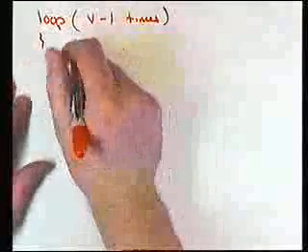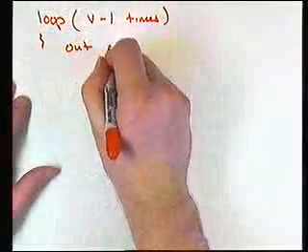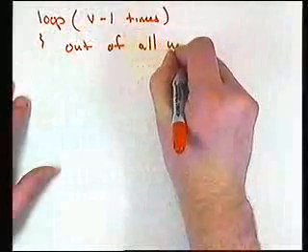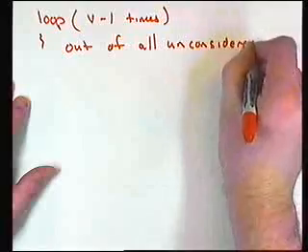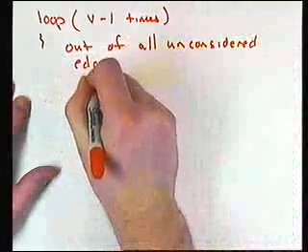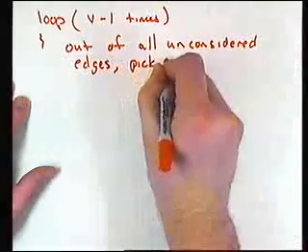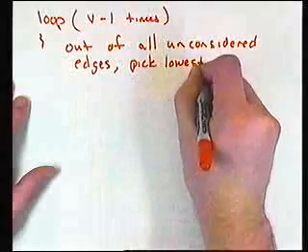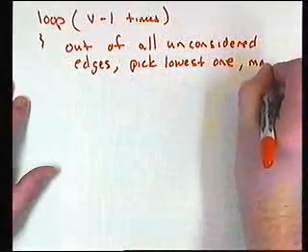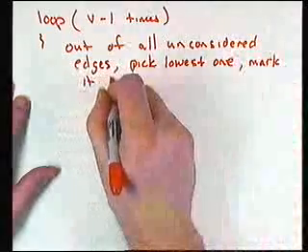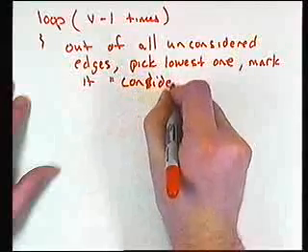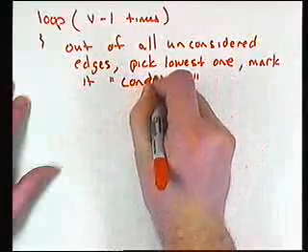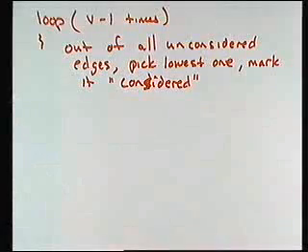And we'll say, out of all unconsidered edges, pick the lowest one, mark it considered, whatever that means, however we make that marking. Because now we're considering it. We've picked the lowest edge, and we're saying, well, now this is an edge we've looked at.